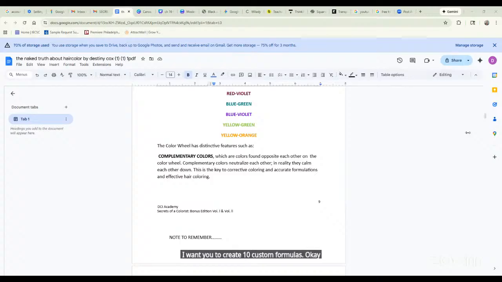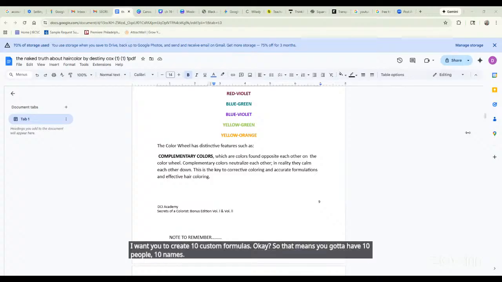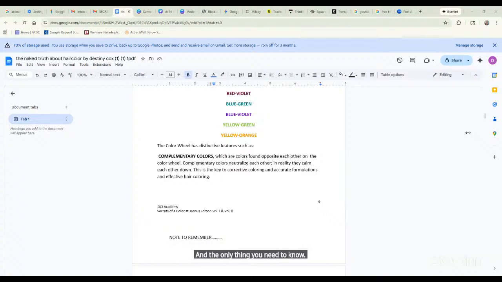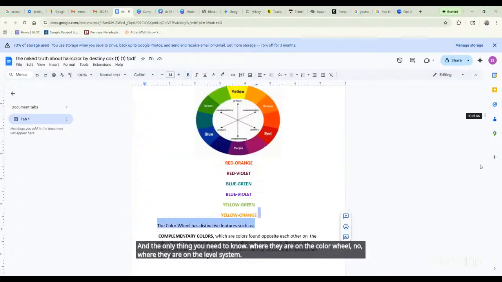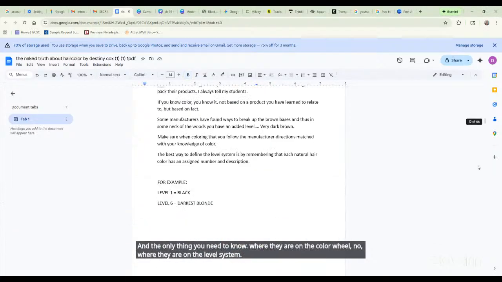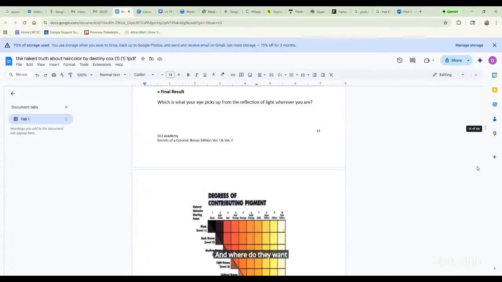It's due tomorrow. Okay, so that means you have to have 10 people, 10 names. The only thing you need to know is where they are on the color wheel, where they are on the level system, and where they want to be.